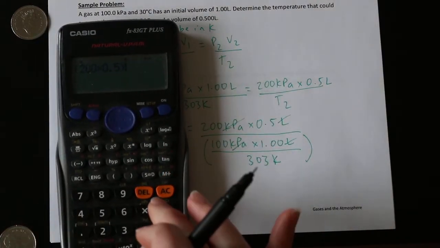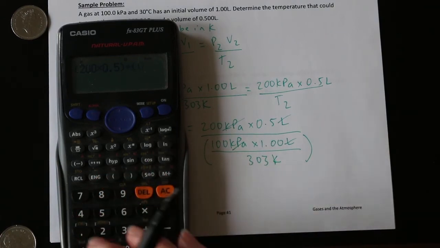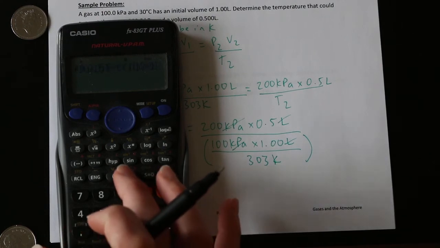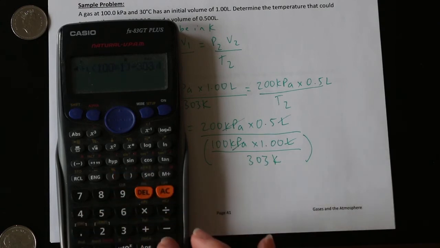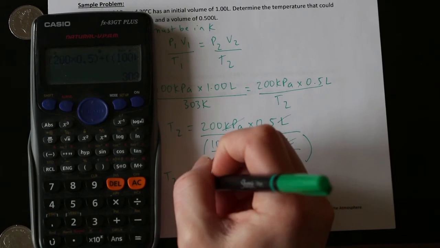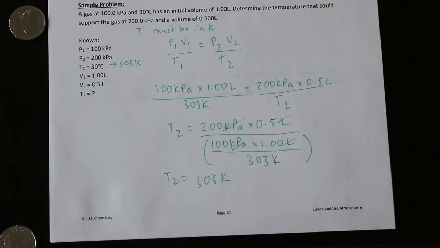Okay, and then we would say divided by open brackets. Then we have to open another bracket. So it would be 100 multiplied by 1 divided by 303, close bracket. Okay, and then we get T2 equals 303 Kelvin. Okay, so that's the answer.